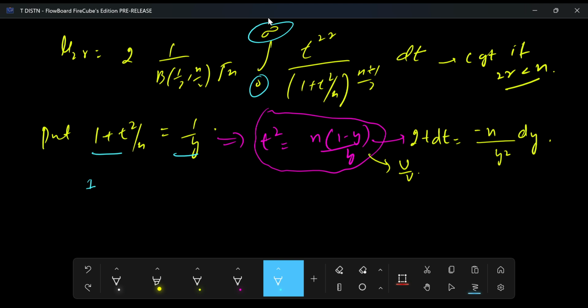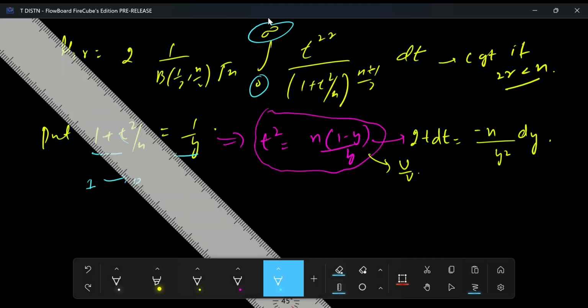So y is equal to 1. And when t is equal to infinity, 1 plus infinity is infinity, but the reciprocal of infinity will be 0. So the limit will be from 1 to 0.